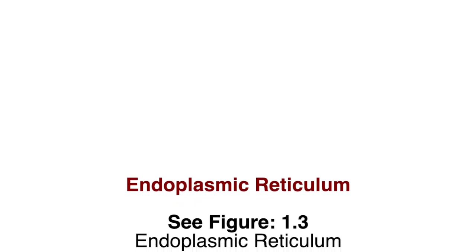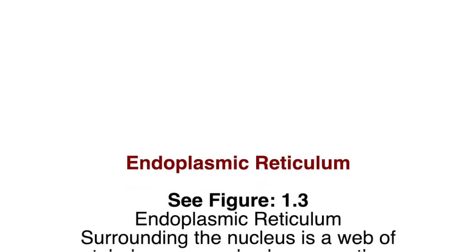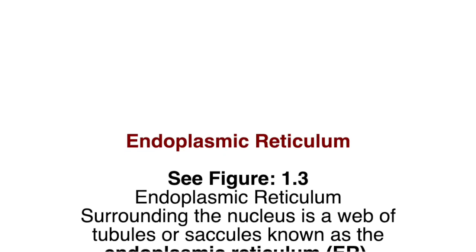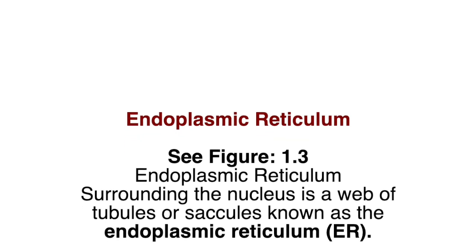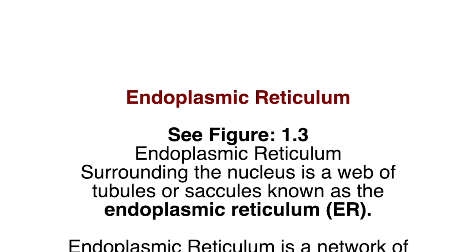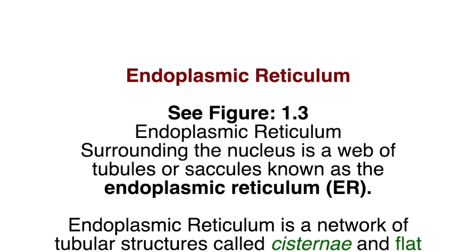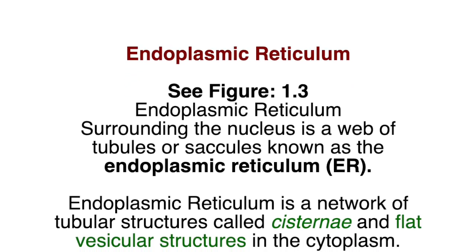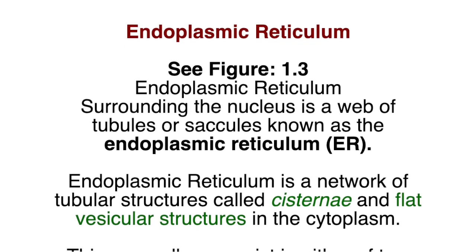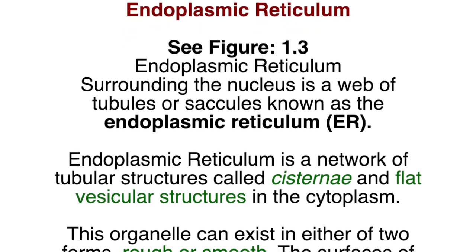Endoplasmic reticulum. Surrounding the nucleus is a web of tubules or saccules known as the endoplasmic reticulum, hereafter depicted as ER. Endoplasmic reticulum is a network of tubular structures called cisternae and flat vesicular structures in the cytoplasm.